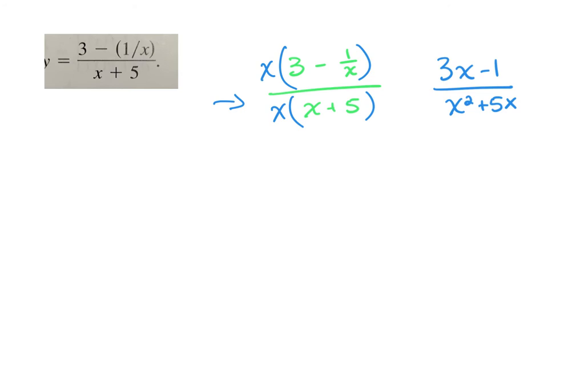This is a much easier quotient rule to do by getting rid of that denominator first. Think about when you were solving equations that had variables and fractions. We multiplied the whole equation by the common denominator to get rid of the denominator. That's the same process here. So when you have something like this, you may want to consider simplifying your complex fraction first and then doing your quotient rule. Make sense?